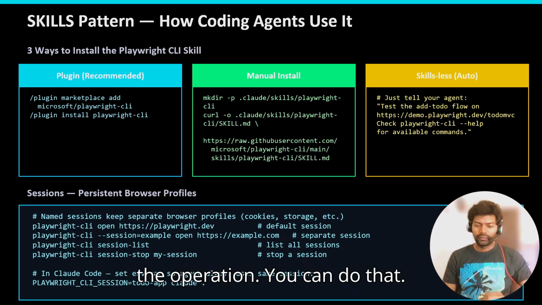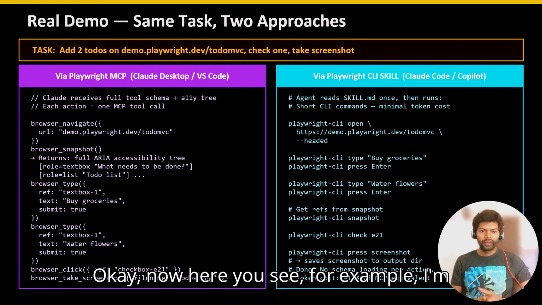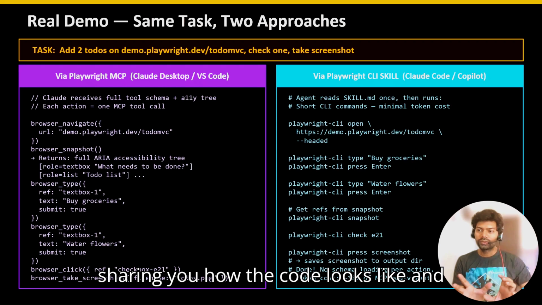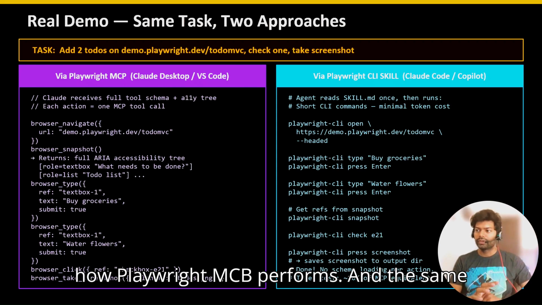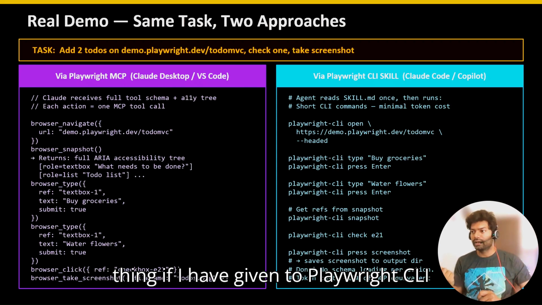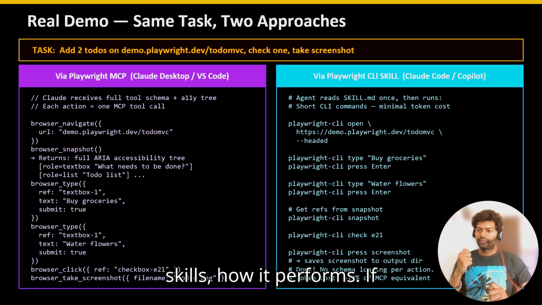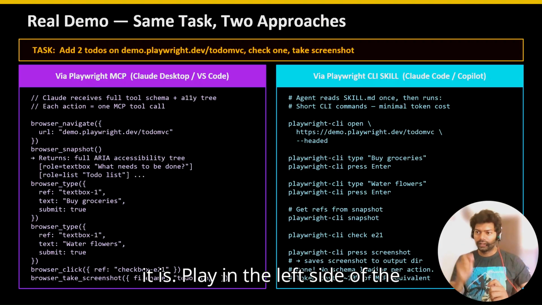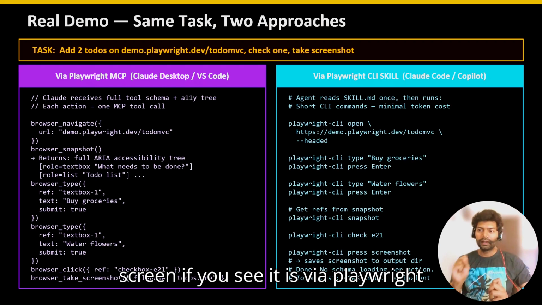Now here, for example, I'm showing you how the code looks and how Playwright MCP performs, and how the same thing performs when given to Playwright CLI skills. On the left side of the screen is Playwright MCP.